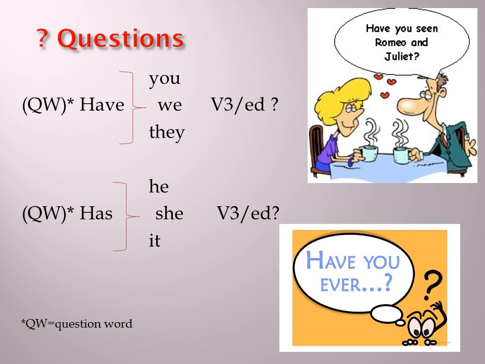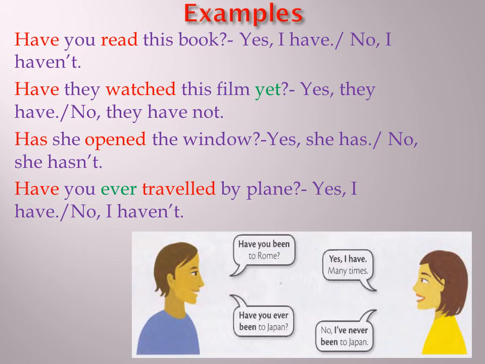Questions. When we make questions, we put the auxiliary verb have or has before the subject. Look at the picture. Read the example. Have you seen Romeo and Juliet? Look at the examples. Have you read this book?